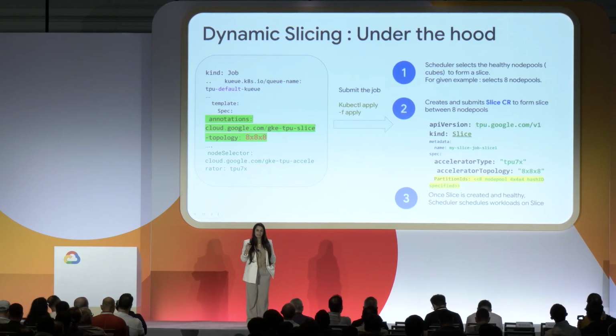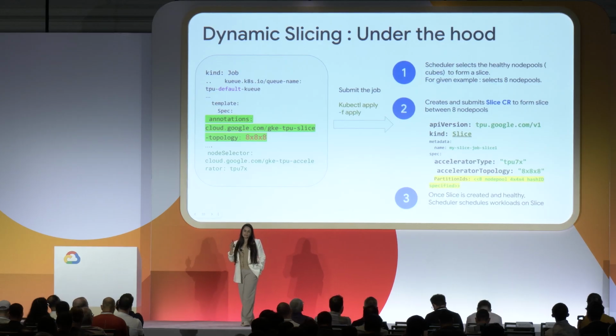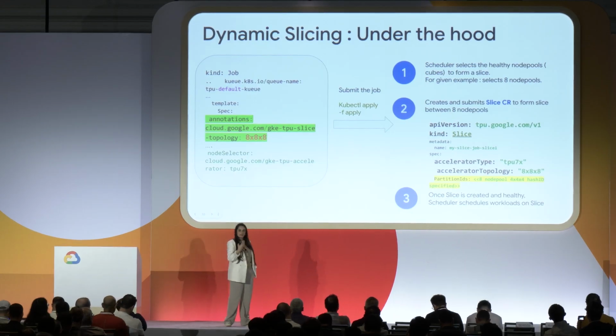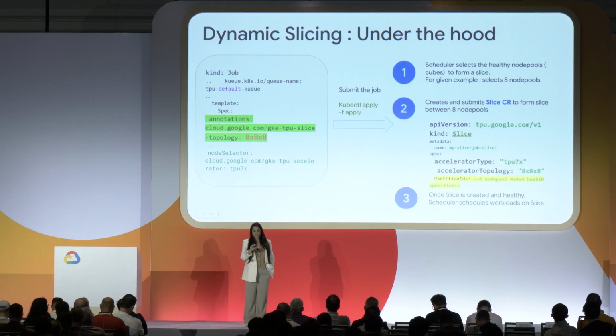You have to enable it, and then the scheduler creates a slice CR and gives the ID of these node pools. It's called partition ID. It kind of maps to node pool ID. And if you know Ironwood, it's nothing but a cube ID. You provide that, and then submit the slice CR, and the slice is created, and the scheduler schedules on it. Let's see this live in action with a demo.